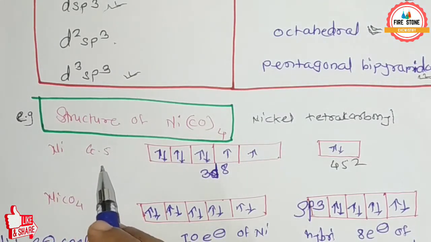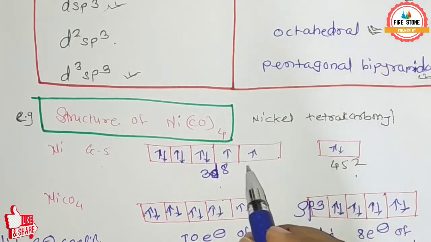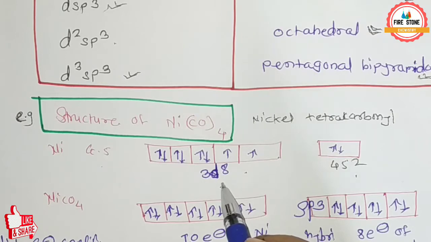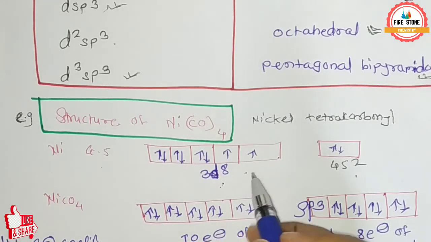The ground state electronic configuration is 3d8 4s2. We all know that d has 5 orbitals and the capacity for electrons is 10.